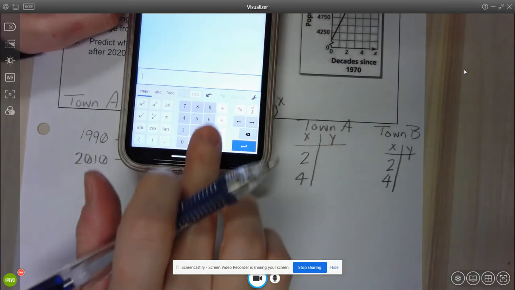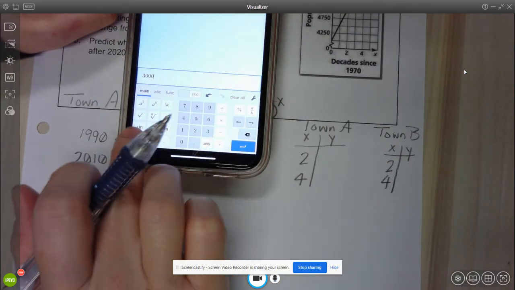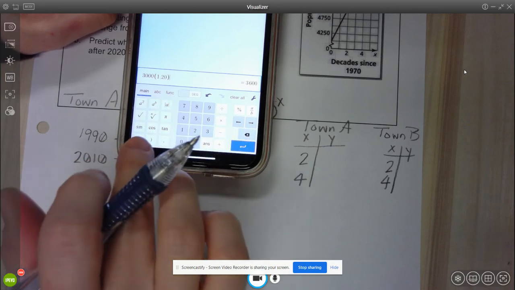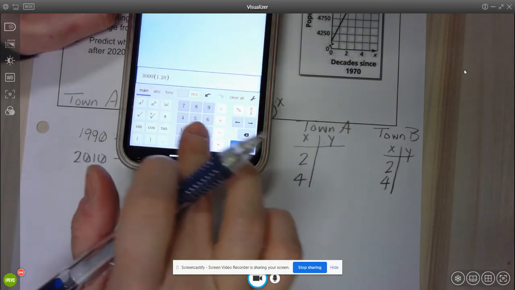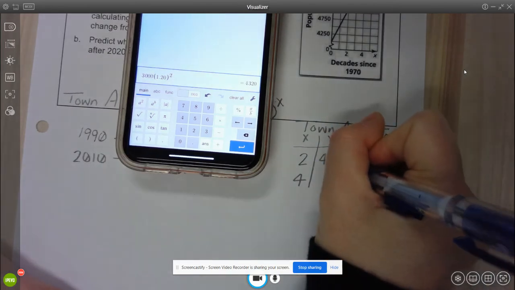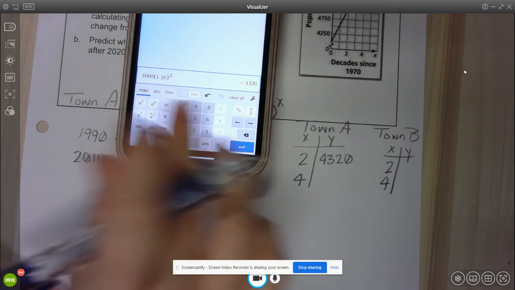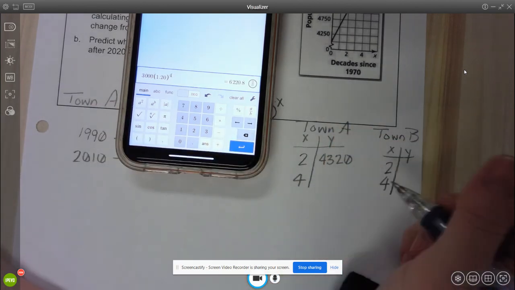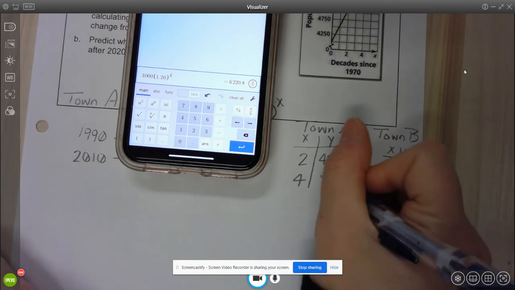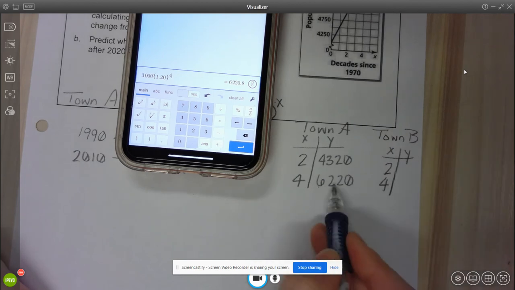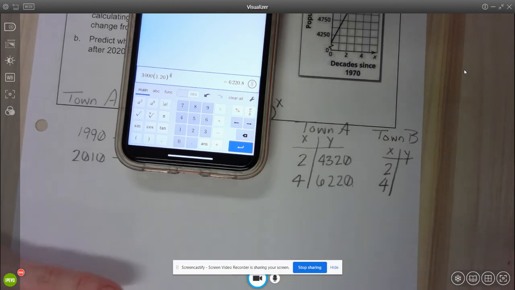So I'm going to do 3,000 times 1.2 to the power of 2. So that would be 4,320. I'm going to change that exponent to 4. Now remember, this is people, so I'm not going to have a decimal. So I'm going to do 6,220 so that I don't have a decimal.